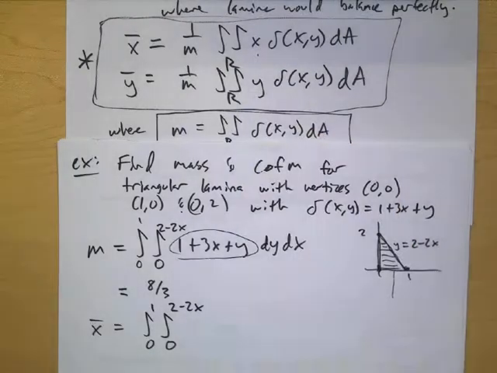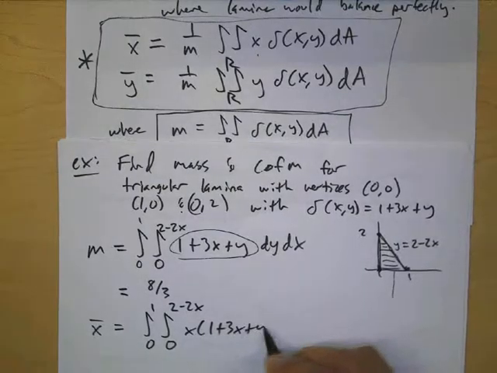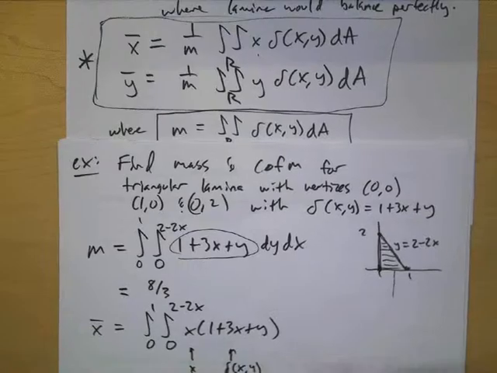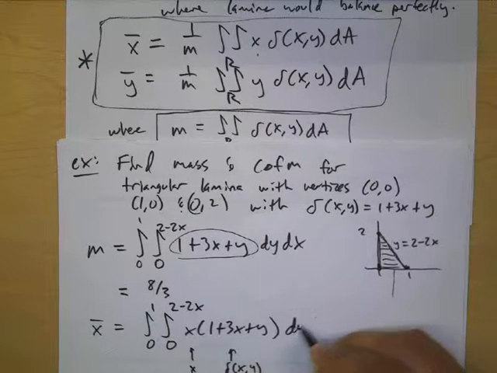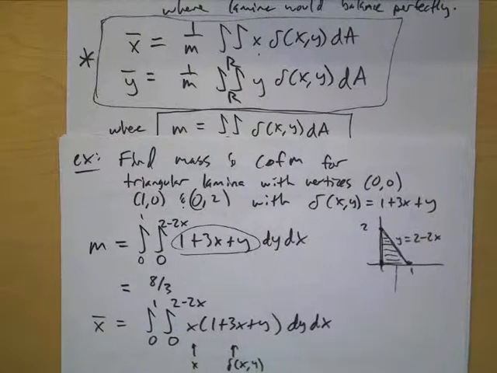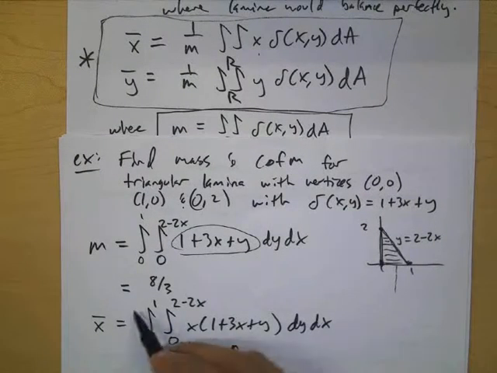Needs an x, right? So keep in mind this was x, this is the density function, if you need to write it down, dy dx. Yep, and then out here we need 1 over mass, right?